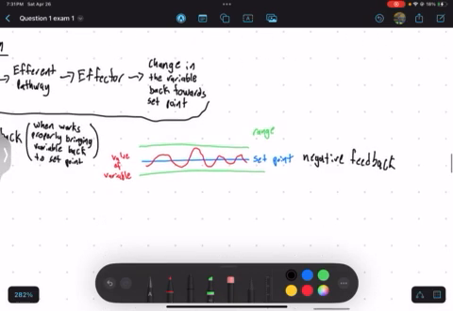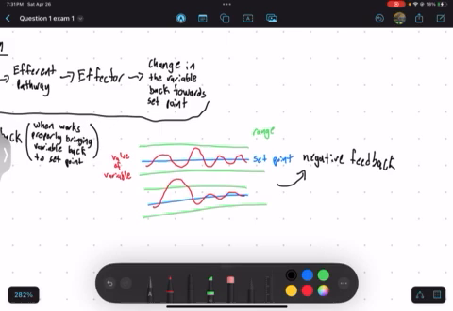And even if this were changed up a little bit to where our variable went outside the normal range, but as long as it went back to set point, then that would still be considered negative feedback.